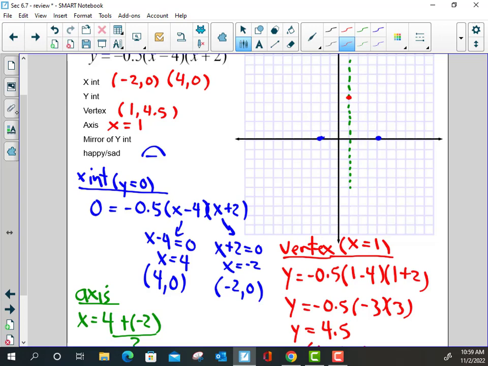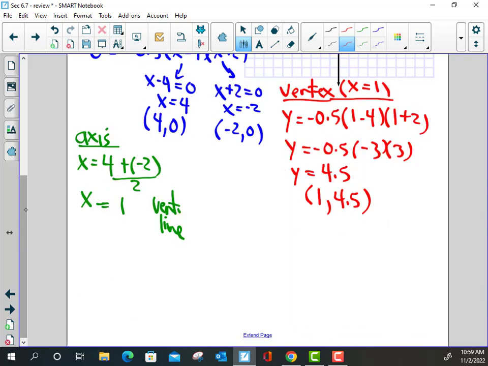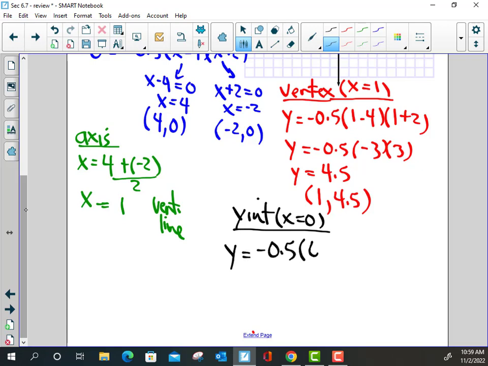And the last thing I need to find is my y-intercept. So y-intercepts are found by setting the x value to 0. So I make a little title. Y-intercepts, x is 0, and then I substitute in the x value of 0, just like I put the x value of 1 above. Make sure I write down everything correctly here.